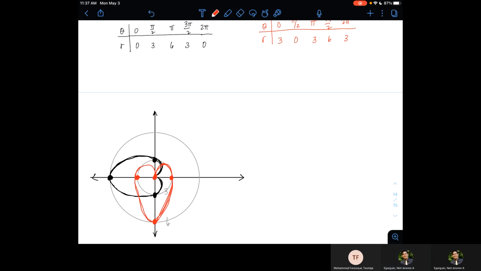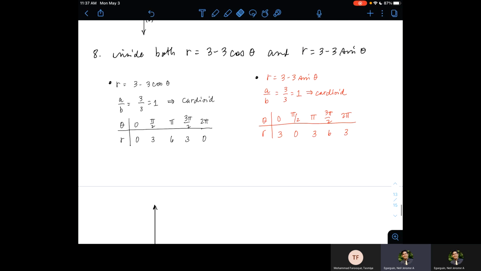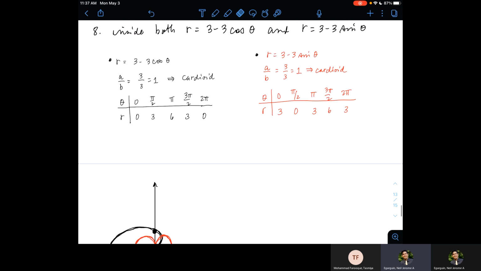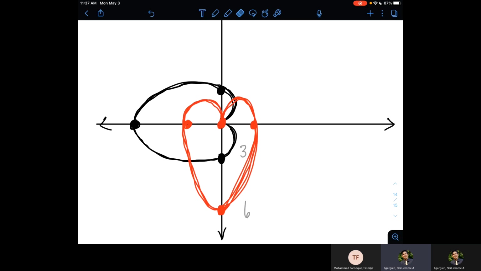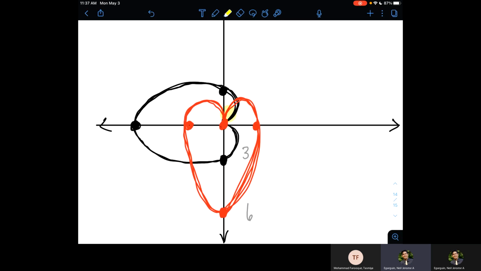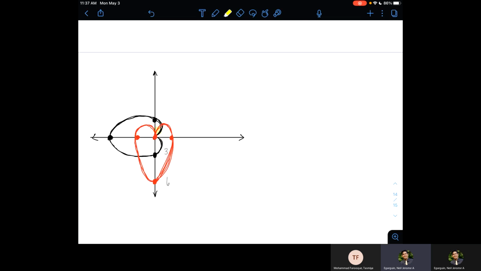Okay. Roughly, this is how our graphs look. Let me erase the guide circles just to make it clearer. Okay. And we want to get the area of the region that is inside both cardioids. So they should be inside both cardioids. So that includes this. That's my problem when I am sketching it on a large scale.